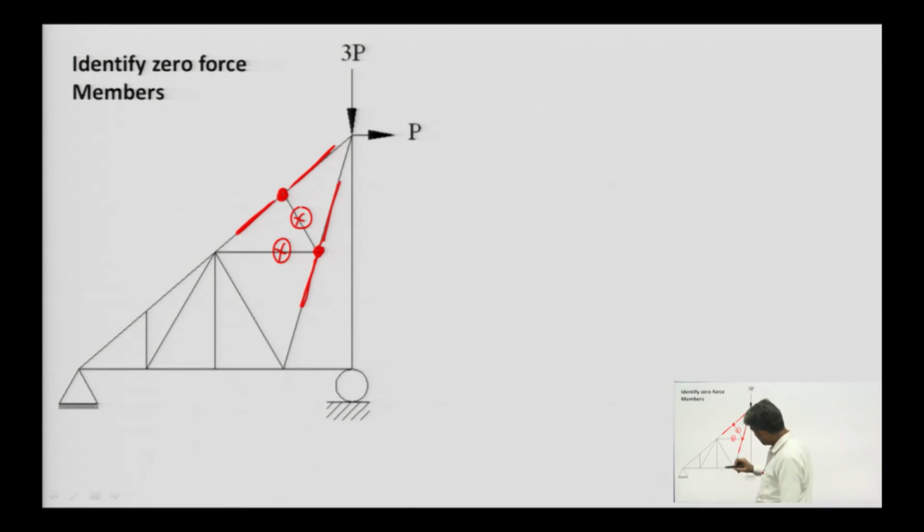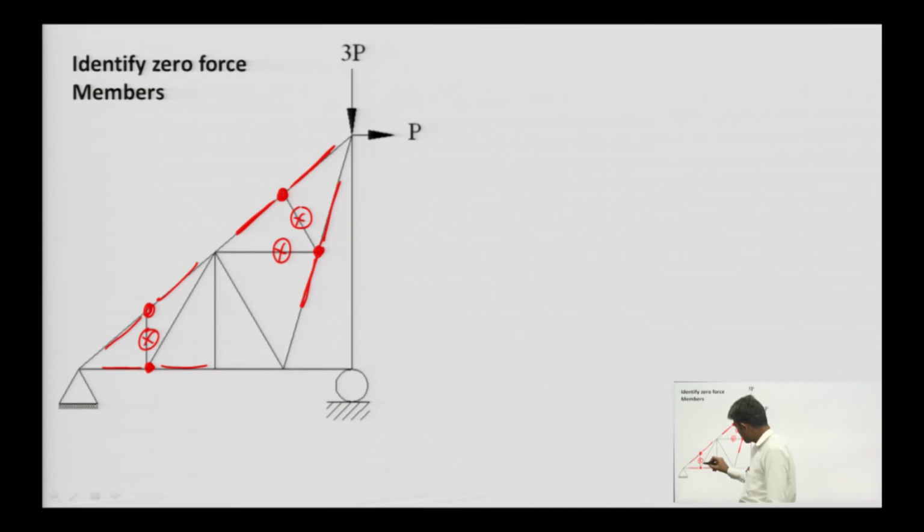Now, look here at this joint, this one and this one member are collinear, that is why the force in this member will be 0. Now, see, look at this joint, this one member and this one member, both members are collinear.